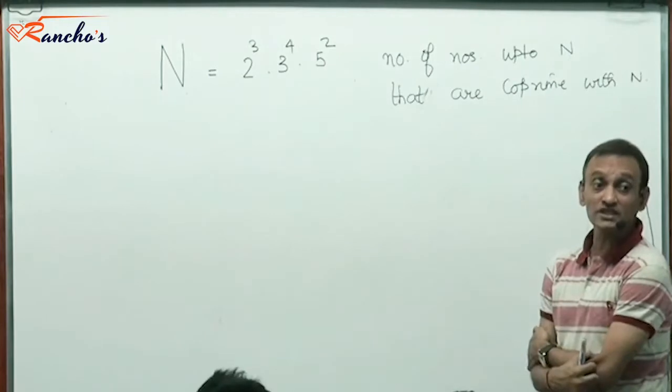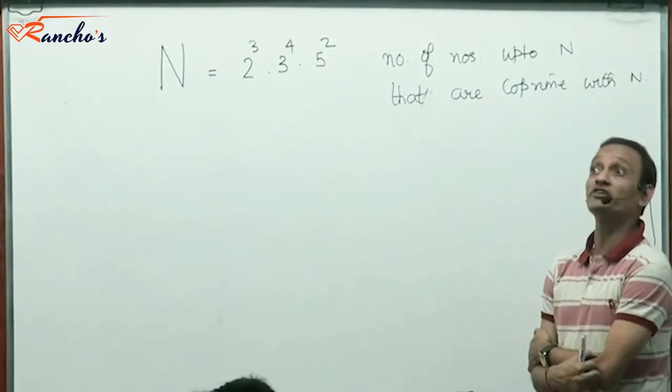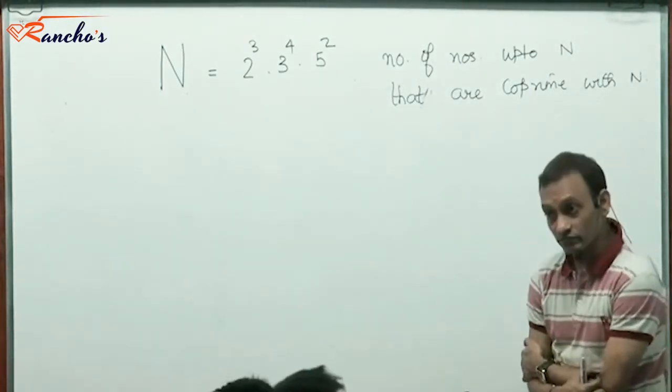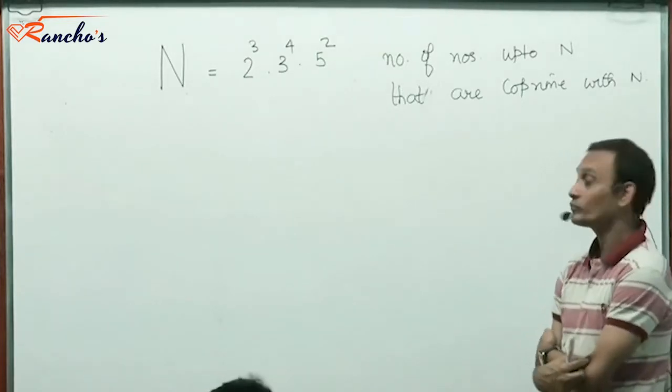How many natural numbers exist up to n that have no factor other than 1 in common with n? That's what I want to find, right?